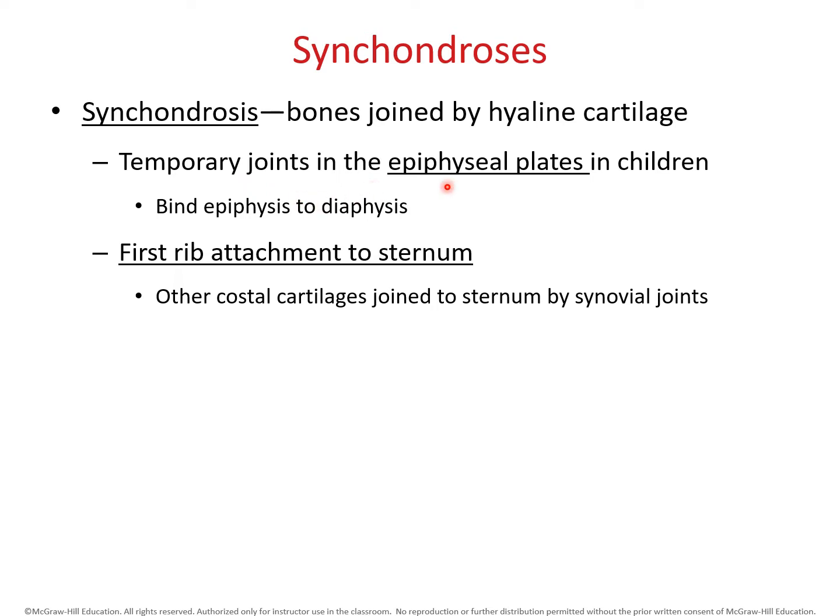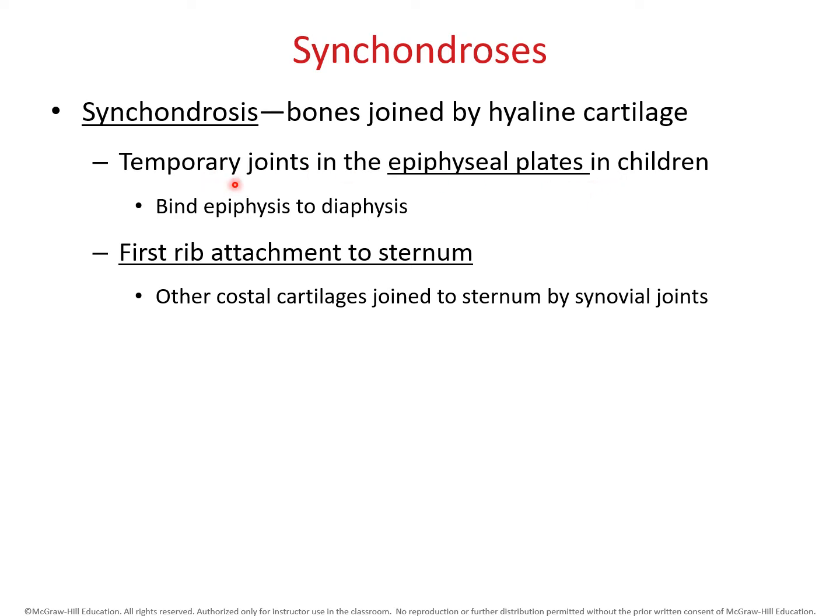All right, where do we see these synchondroses? Well, believe it or not, the epiphyseal plates, which you learned about in chapter 7, where we find our growth zone, where we see growth in length of a bone, can be classified as joints during development only.